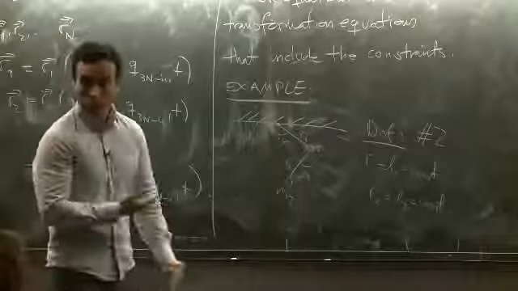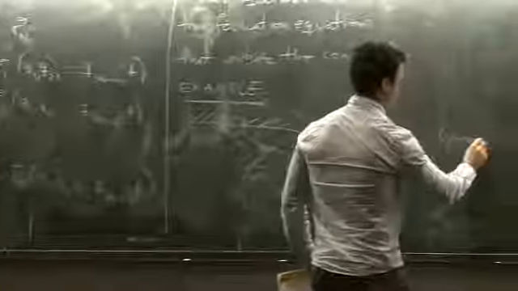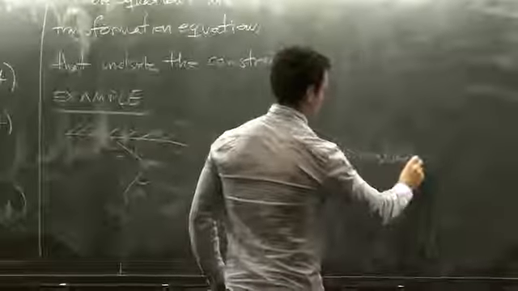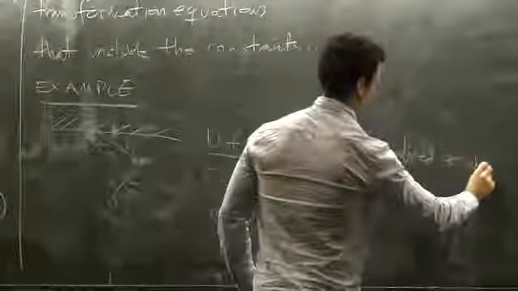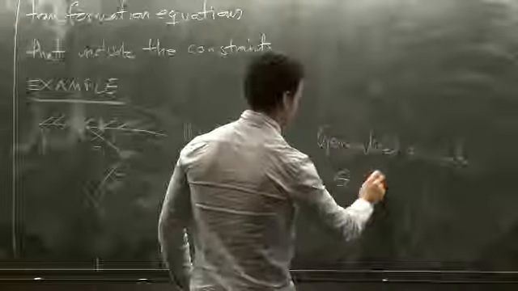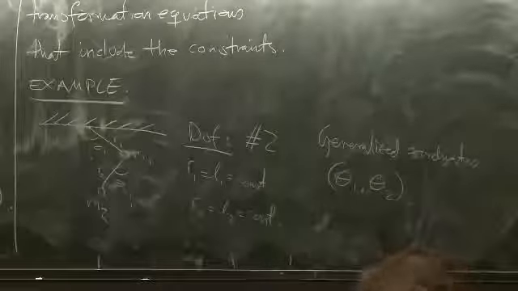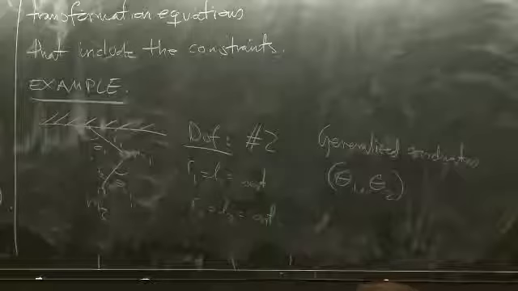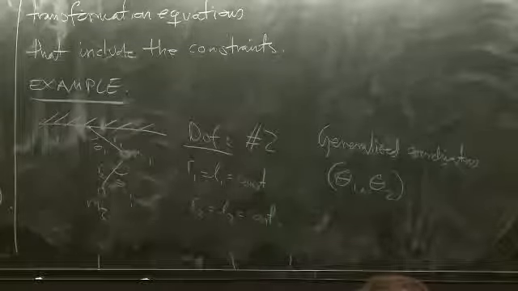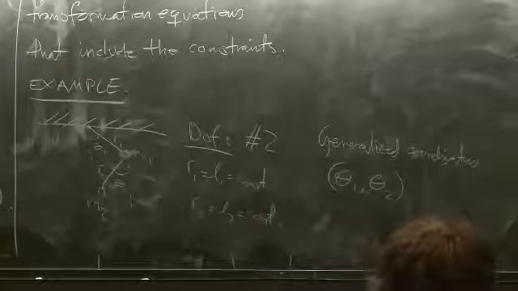So the generalized coordinates for our system here are θ1 and θ2. Let's try to see how this relates to this set of transformation equations.